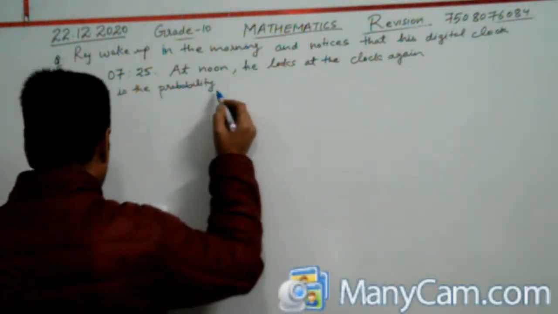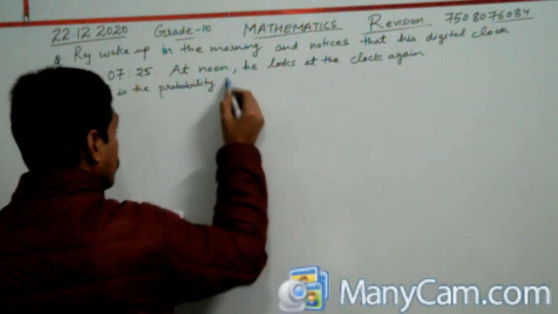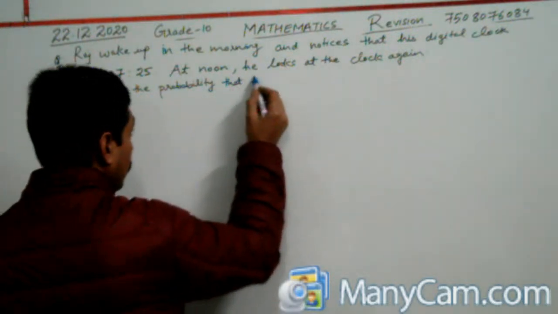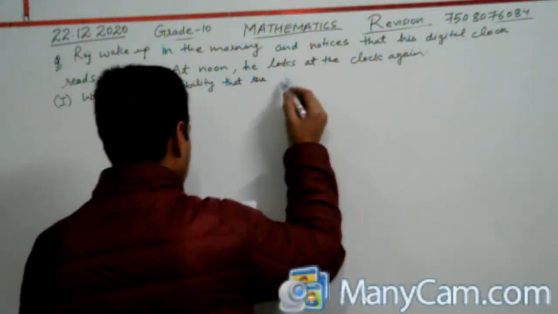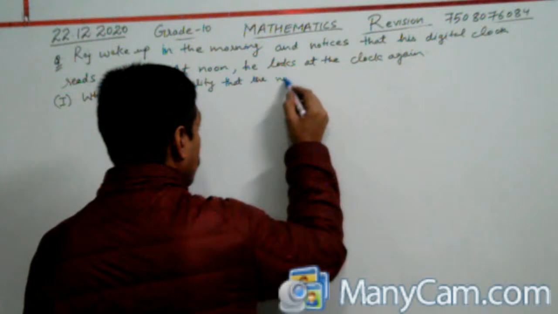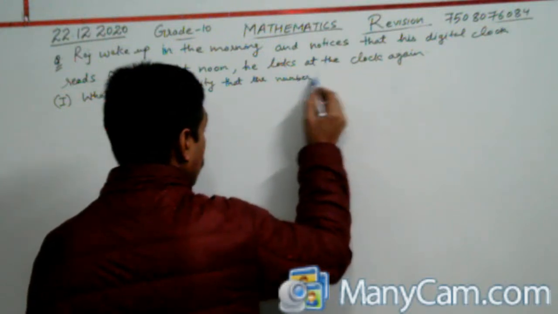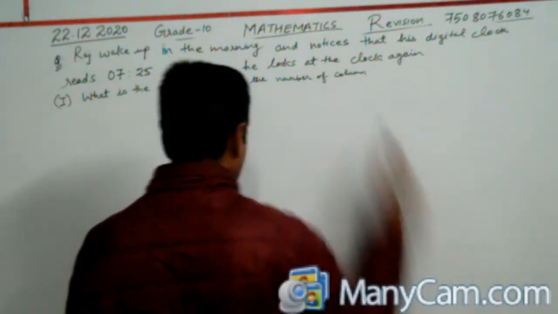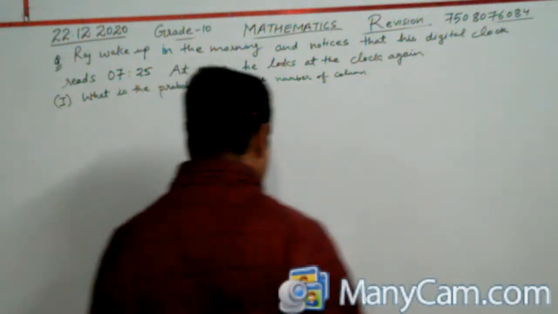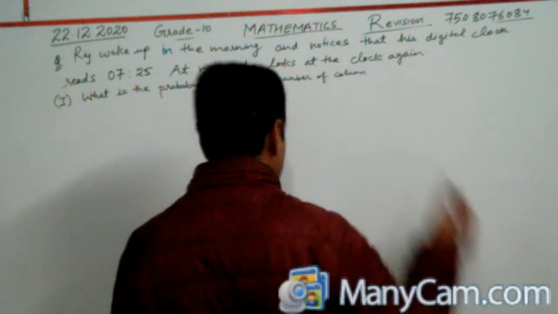What is the probability that the number of columns, column A is 4?